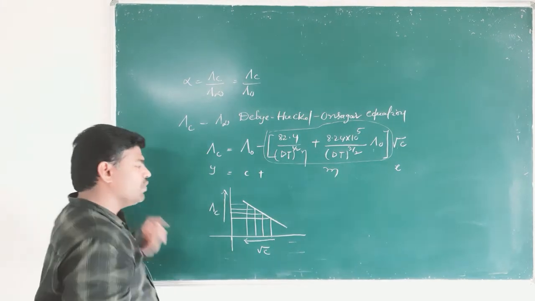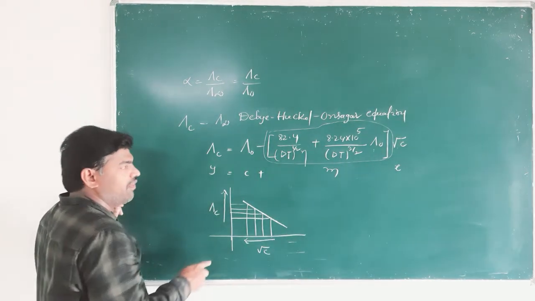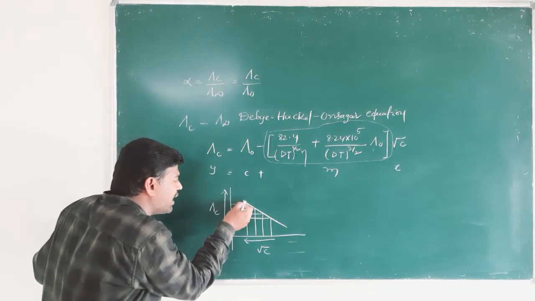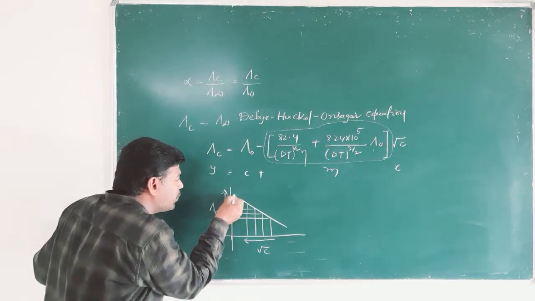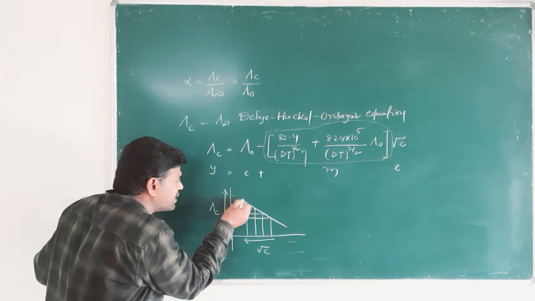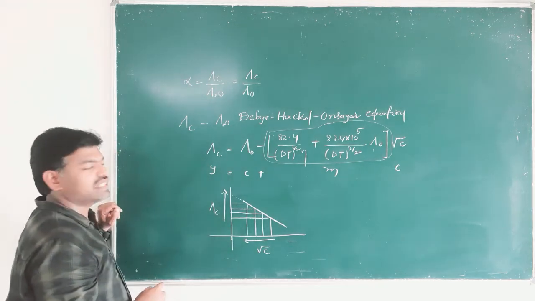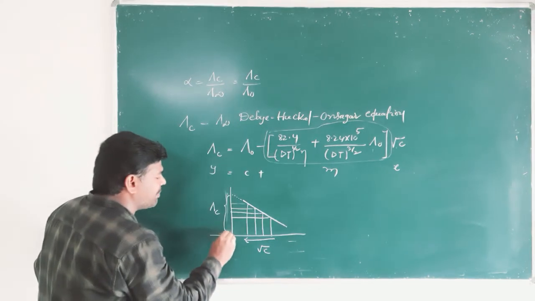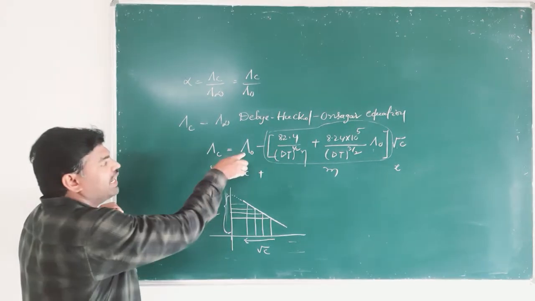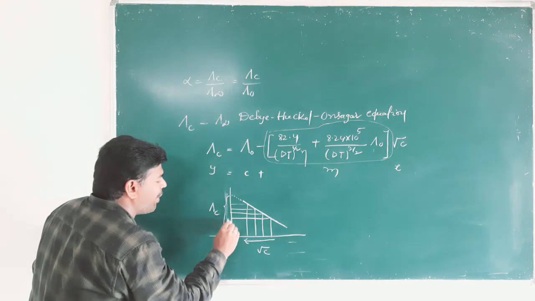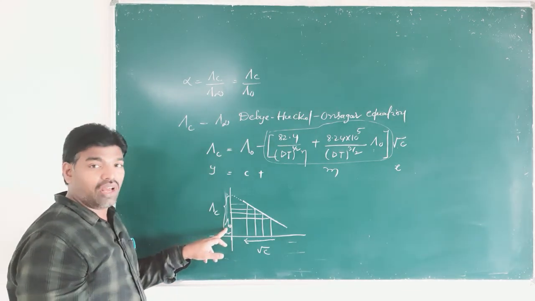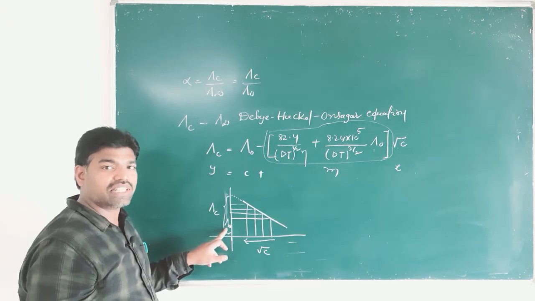Okay, so this is in the form of y is equal to mx plus c, and if we extrapolate this straight line up to zero concentration, that gives the intercept value, that is lambda naught. What is lambda naught?